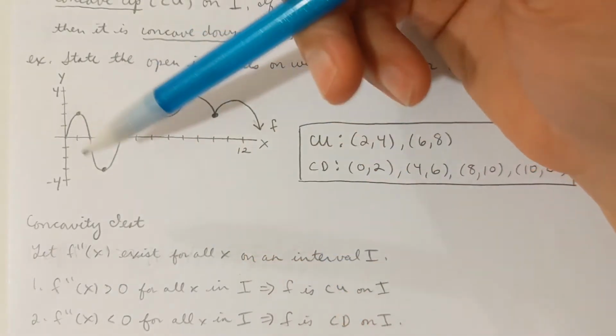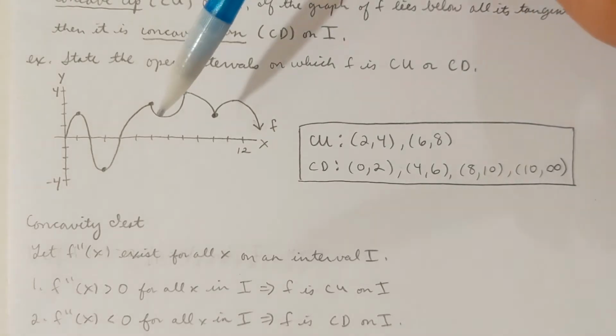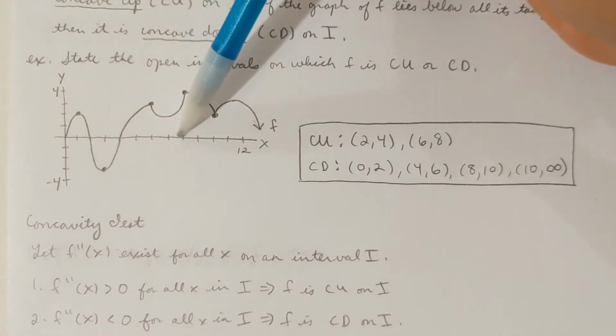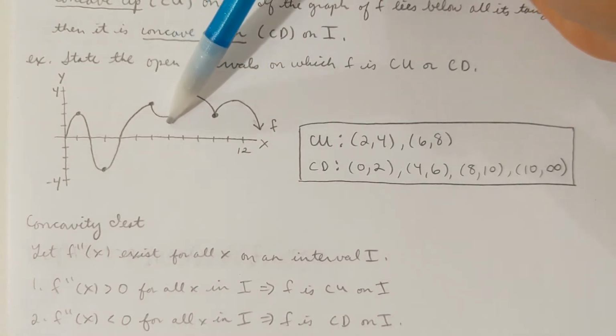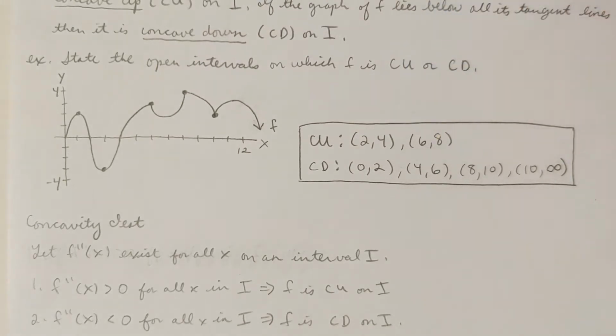That would indicate that I'm concave up on that part of the graph. Where else would I be drawing tangent lines below the curve? If I'm between 6 and 8, and I draw a tangent line anywhere, it's going to be below the curve. And so that would be the other interval where we would be concave up.